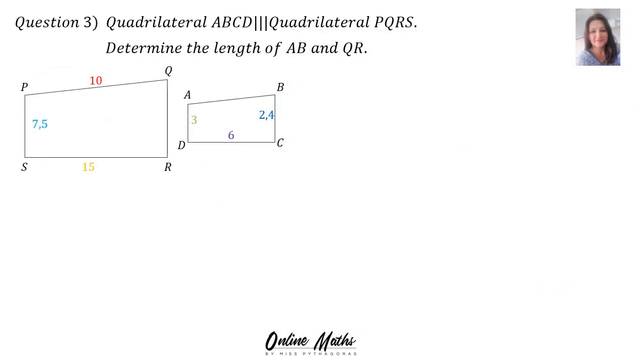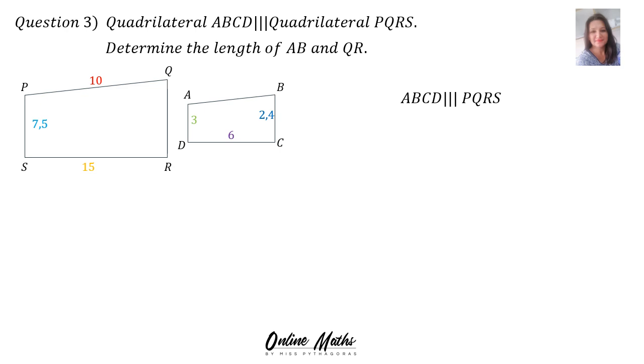Question 3. Quadrilateral ABCD is similar to quadrilateral PQRS. Determine the length of AB and QR. Now, since it's given that the two quadrilaterals are similar, we can now write down the corresponding ratios, and the ratios are equal.